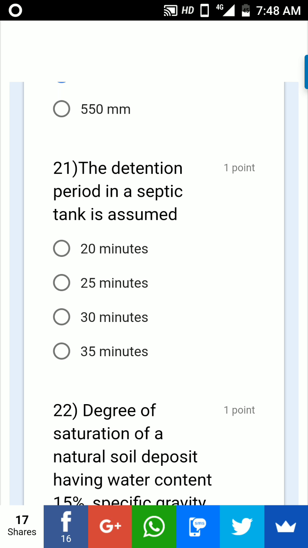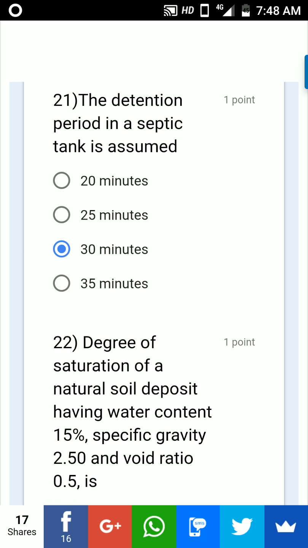Detention period of the septic tank is assumed to be 30 minutes. Detention period of a septic tank is 30 minutes.